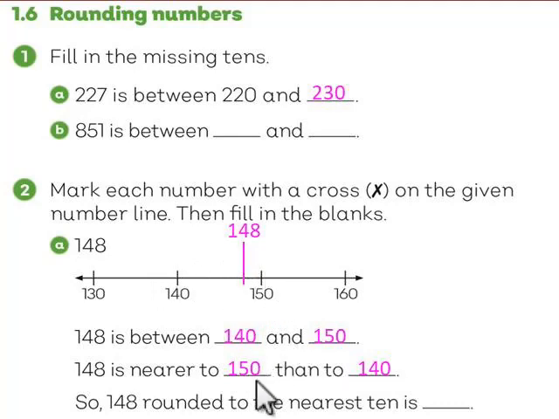So when you round 148 to the nearest ten, what would be the answer? Which number is near to 148, 140 or 150? What is the answer here? Very good.